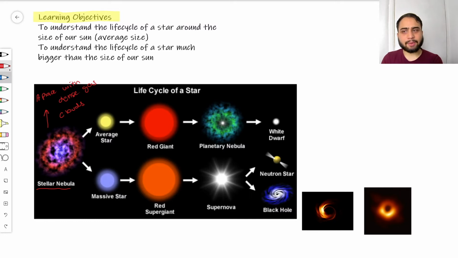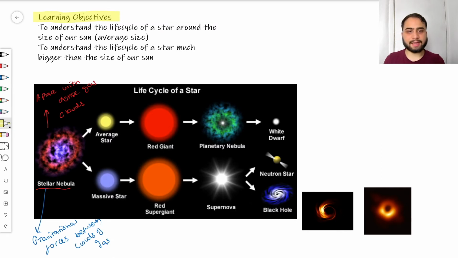Okay, now that we have huge clumps of hydrogen together, there are gravitational forces between clouds of gas. Okay, so say I had one cloud of gas over here and I had another cloud of gas over here.